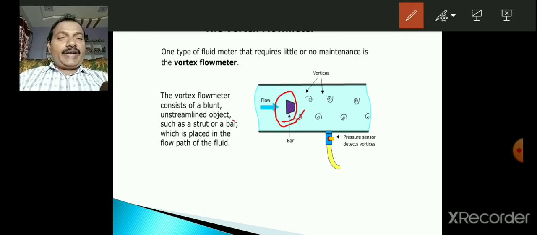So as the fluid is moving like this in the pipe, it is moving over the bar. Because this shedder bar disturbs the flow, it will obstruct the flow of the fluid.